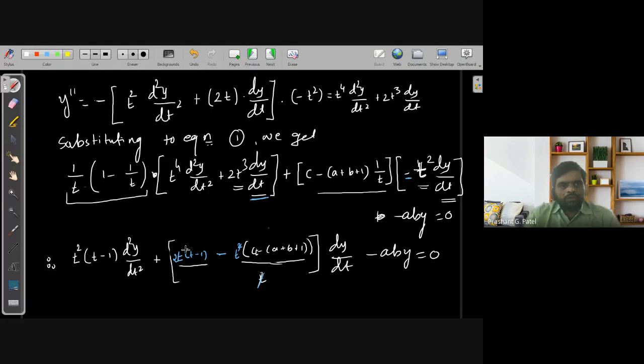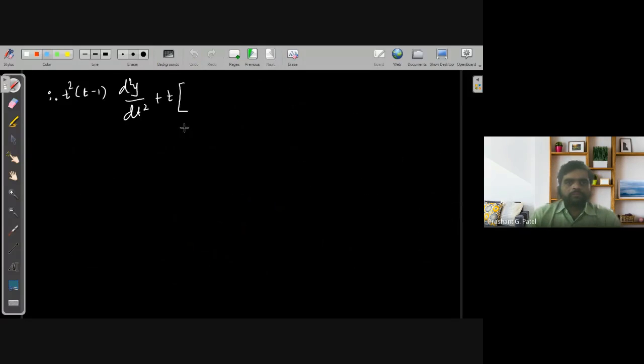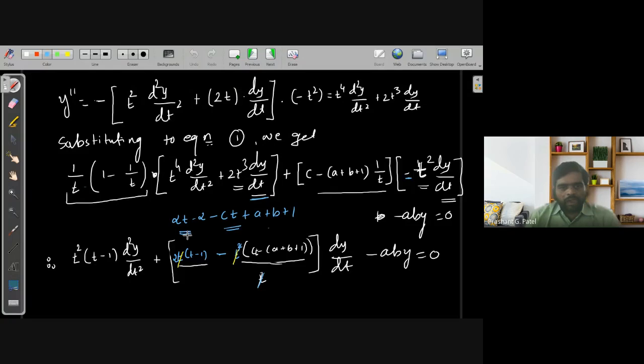So if I take this 1 t common from here and here, so there is no t, and then we simplify, then it is 2t minus 2 minus ct, minus minus becomes plus a plus b plus 1. So the coefficient of t here is 2 minus c, that we have here, 2 minus c into t, and a plus b plus 1.